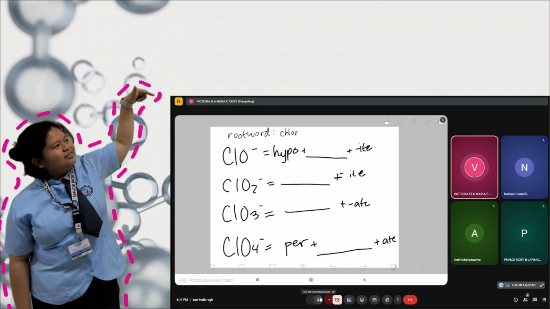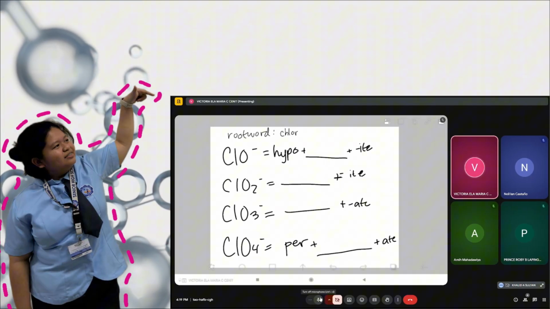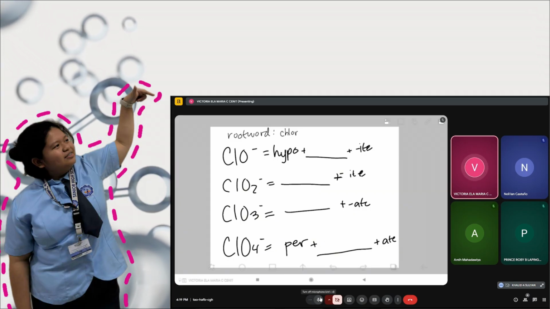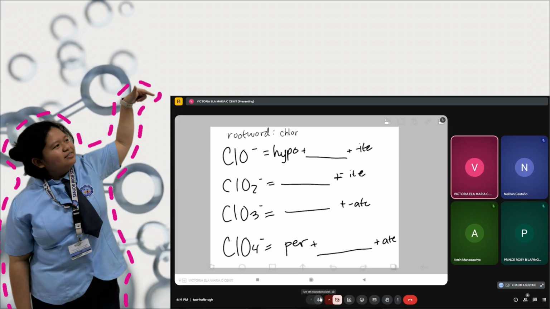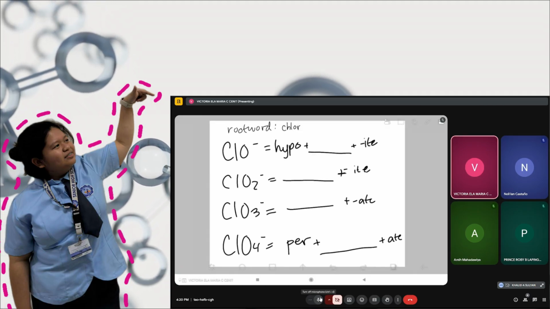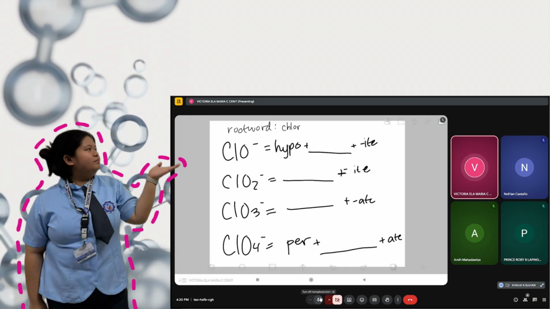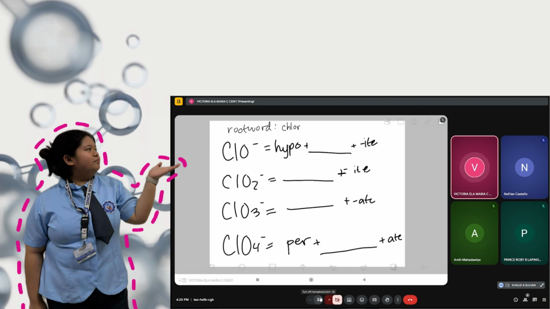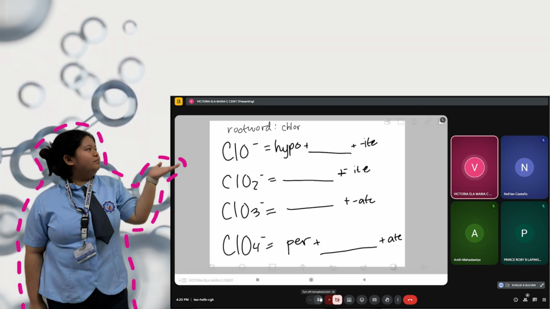So, for examples from Khalid's question, if there are polyatomic ions with more than two oxygens, here's the set of examples. For our example, our root word will be chlor since it's mainly chlorine.